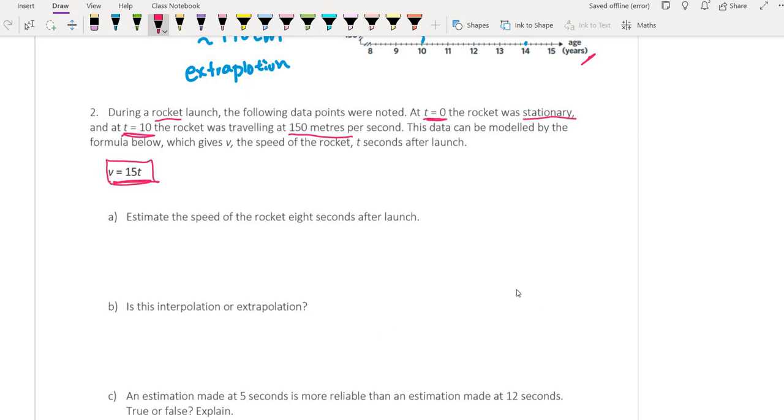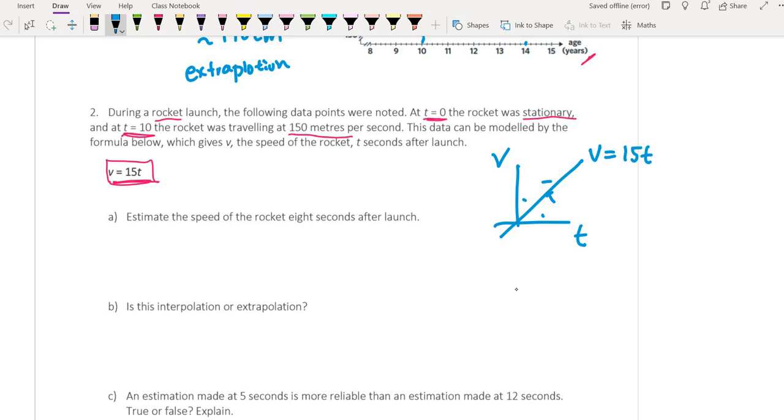This means that it's done all the hard work of figuring out all the data points and then drawing a line of best fit. And the equation of this line of best fit between our time and velocity is v equals 15t. So that's the equation of the line of best fit that's given to us.